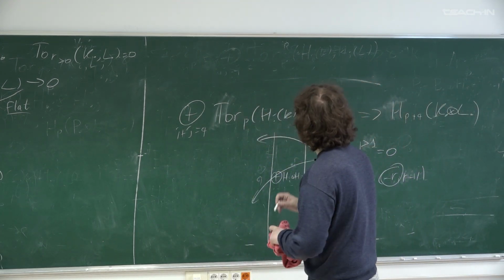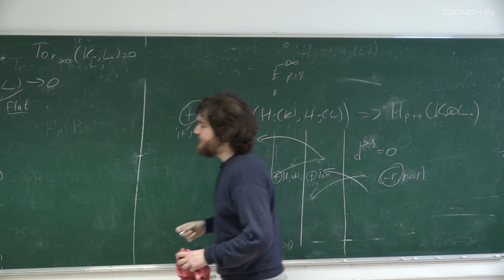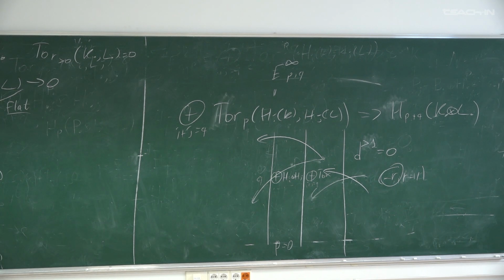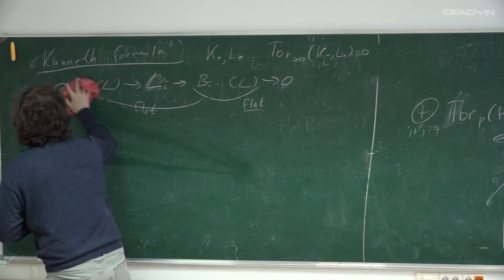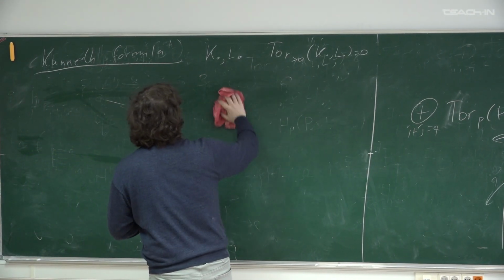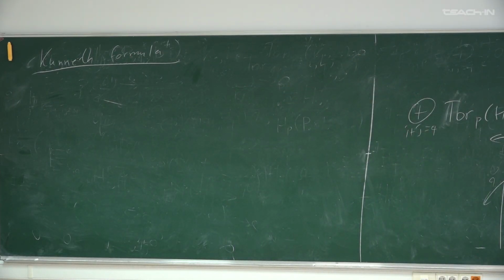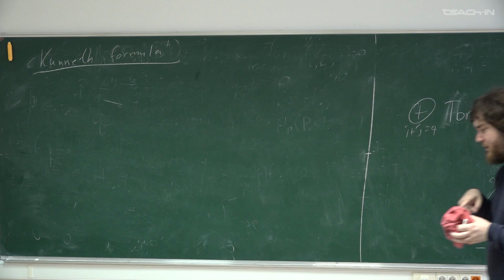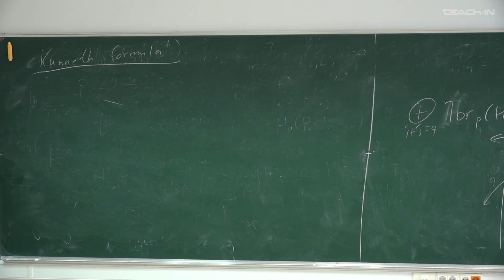So this is the infinity page, in fact. And if in the infinity page you have 2 columns, then you have only 2 non-trivial quotients in your filtration on the target, on the homology of the tensor product. This means that you have only one extension, only one short exact sequence, of the same form.